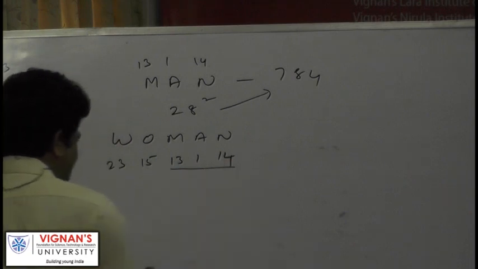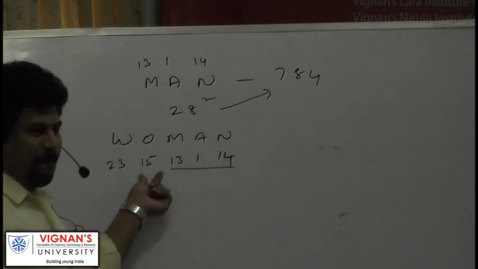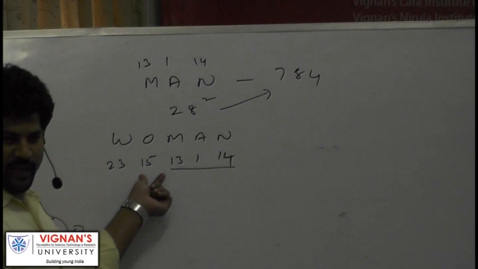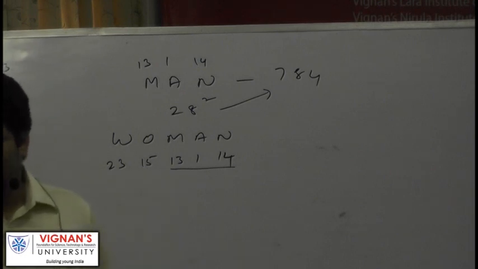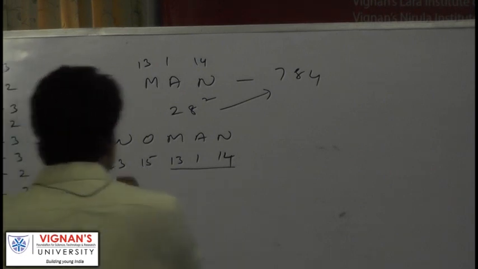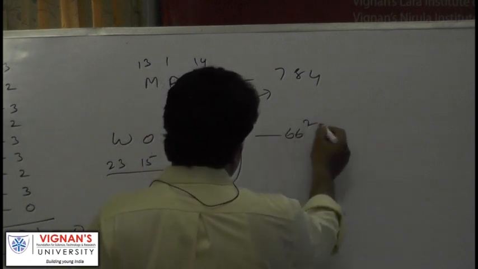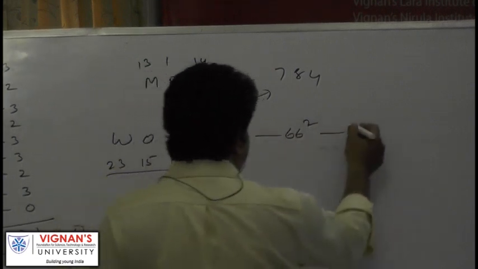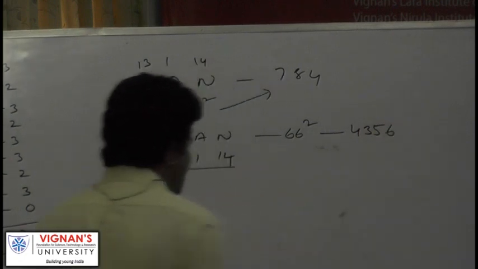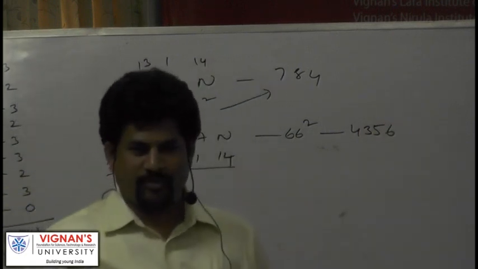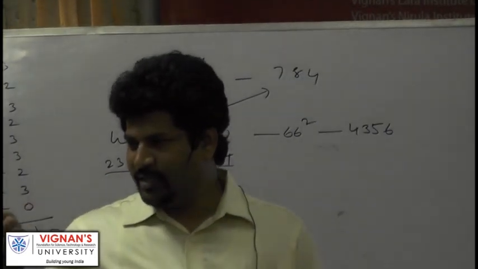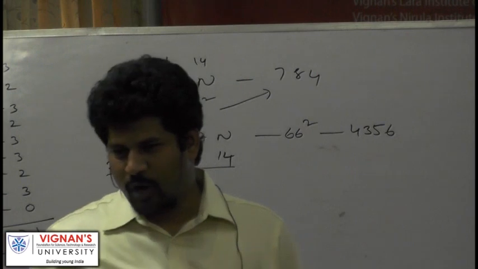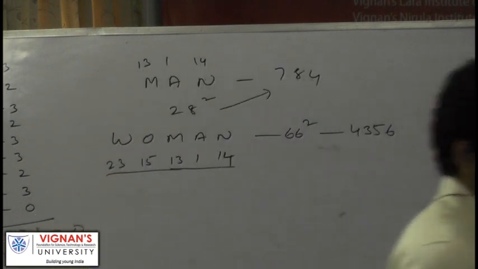Up to here it is 28. 28 plus 15 is 43. 43 plus 23 is 66. So total is 66. Square is, I don't know, but answer should be 4356 because unit digit is 6. And one more thing, 60 squared is 3600, so it should be more than 3600. So obviously around 4000, right?